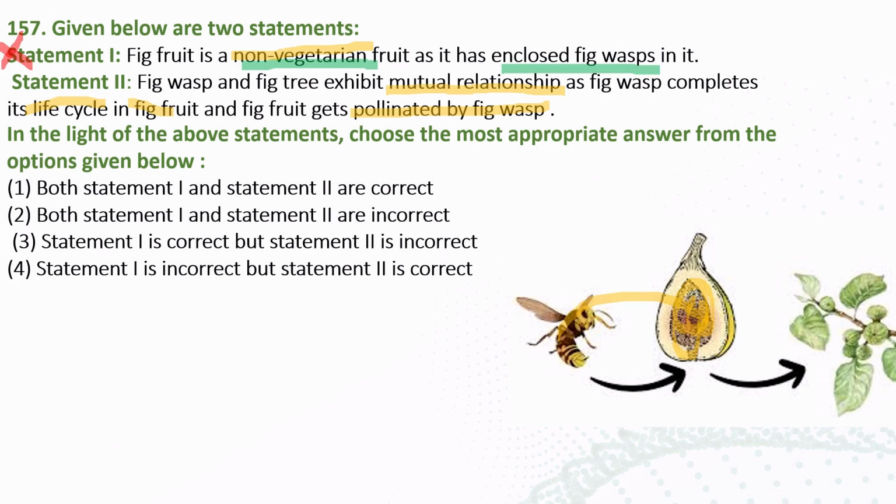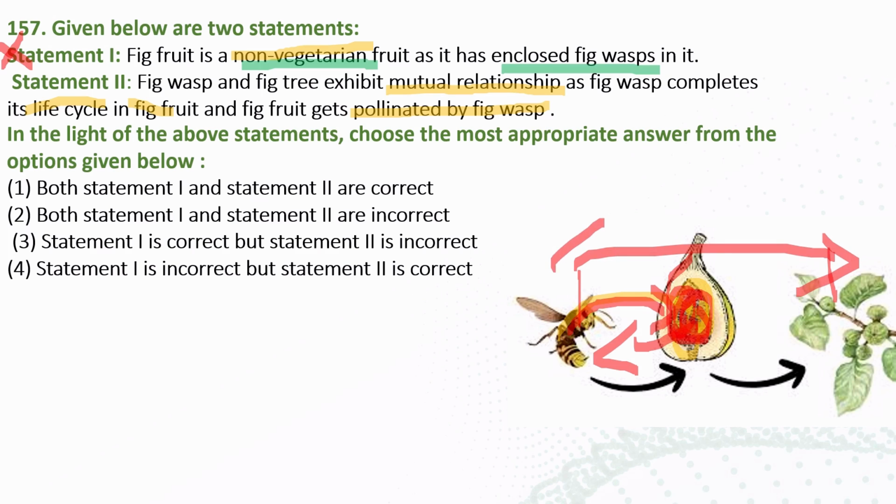If you move on to the statement 2, we know that normally fig fruit will have the fig wasps, in which this fig wasp will go through a life cycle and develop into an insect. So here this insect and the fig tree will show the mutual understanding between each. How? Normally these insects will pollinate the flowers of the fig plant, and then they can develop into fruits.